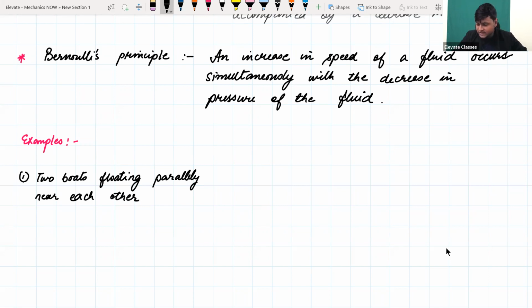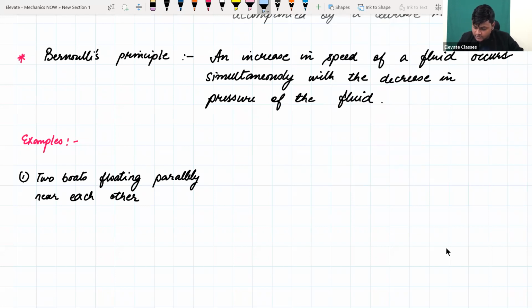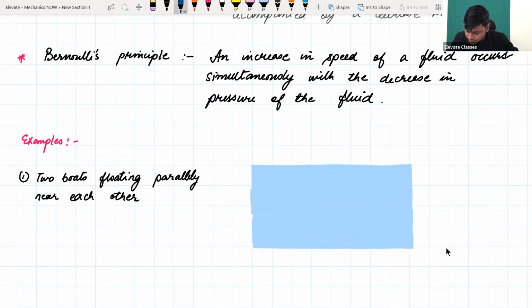So let's suppose that there are two boats in a river. Let's suppose there is a river like this, and there are two boats that are traveling. Let's suppose this is boat number 1.